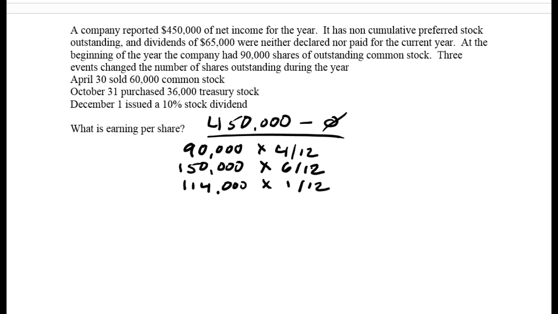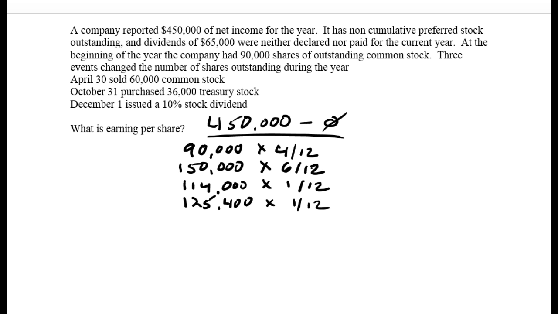So we need to increase our common stock outstanding by 10% for all periods shown. First of all, let's do our last layer. 114,000 times 1.10 or 110% is 125.4. So that takes care of December.